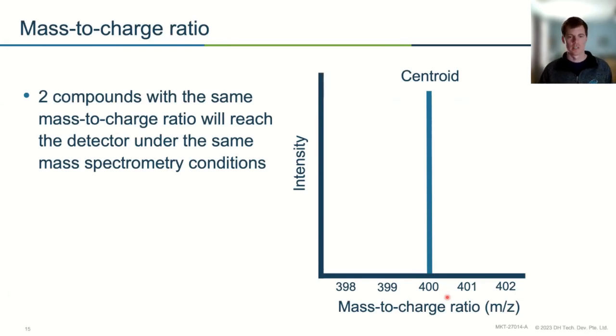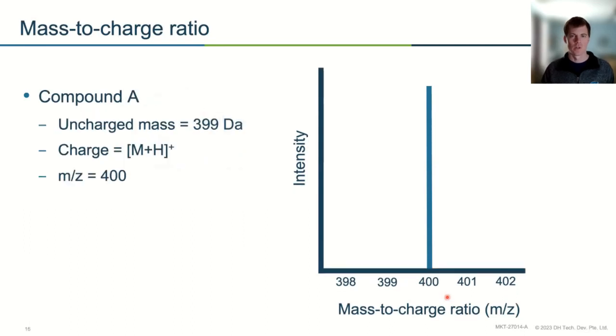And just for a few examples here, so compound A, and this is a mass spectrum, so you can get used to seeing this. Compound A has an uncharged mass of 399 Daltons. If you got out a calculator and added up the elements in the formula, you would come up with 399.